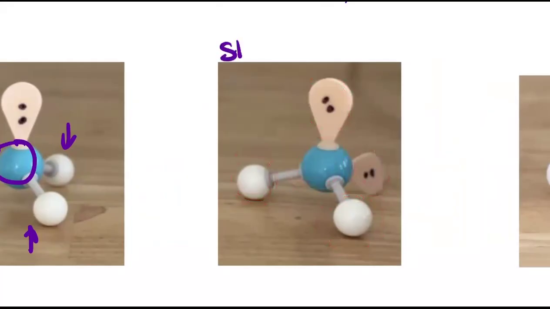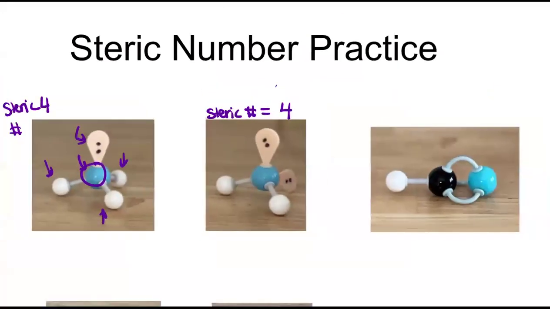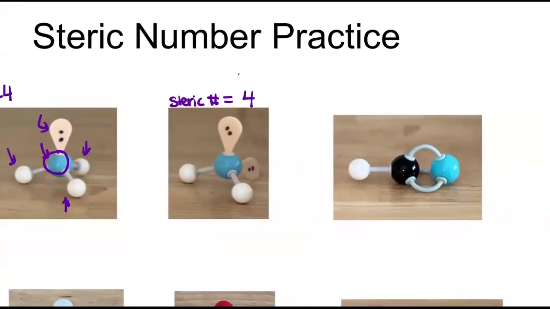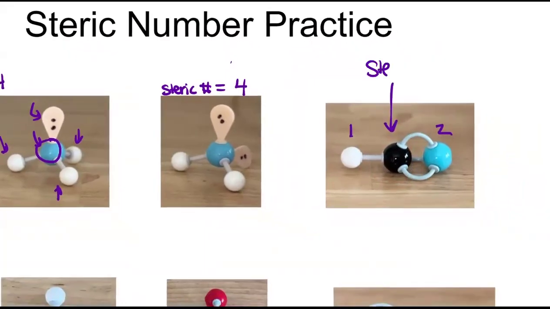So this steric number equals 4. You're starting to think, is there anything other than 4? Now let's do this one. So you have this atom, and it has this one attached, and this one directly attached. I have 1, 2 things attached on my central atom. So my steric number is 2.